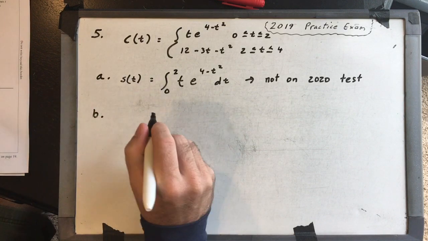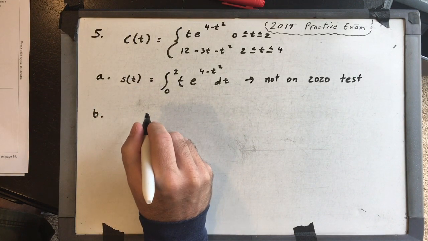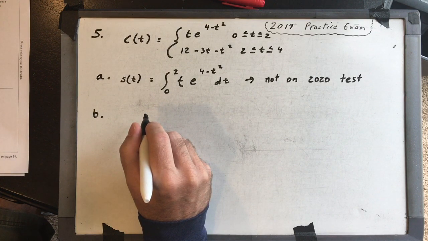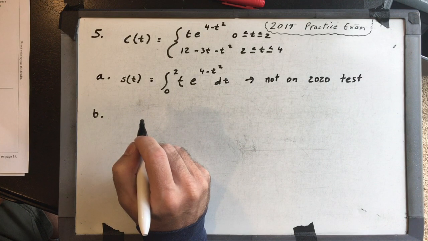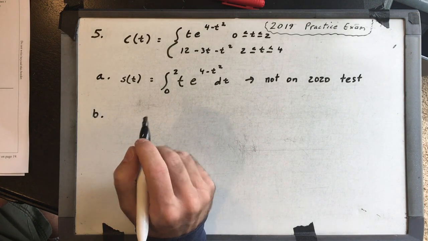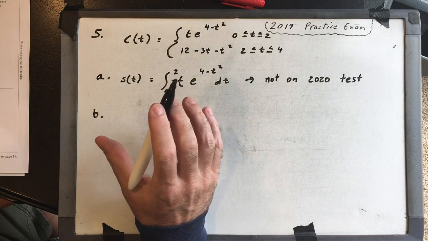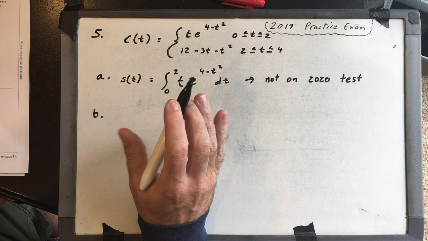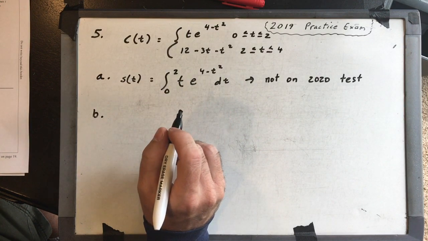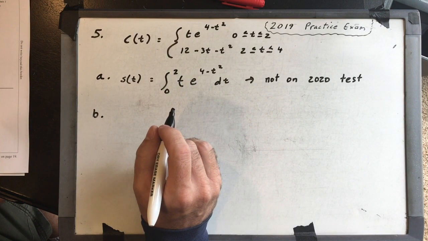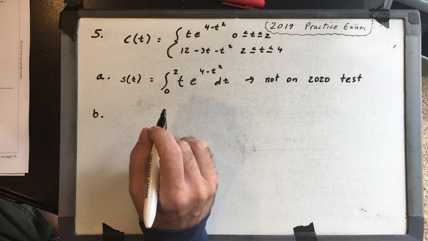Part B says at time t equals 3, is Chloe's speed increasing or decreasing, and give a reason for your answer. What we want to figure out is the velocity and the acceleration. If the velocity and acceleration have the same sign, the speed is increasing. If they're opposite signs, one negative, one positive, then the speed is decreasing.